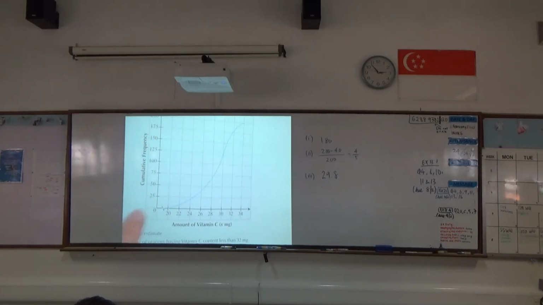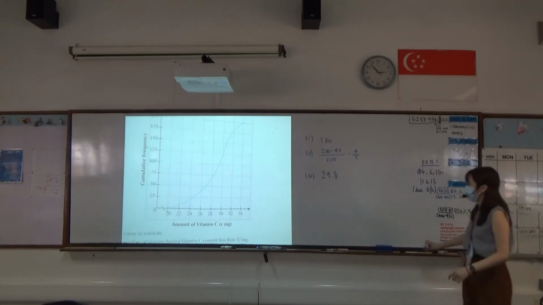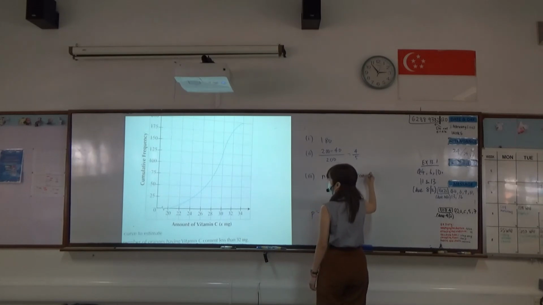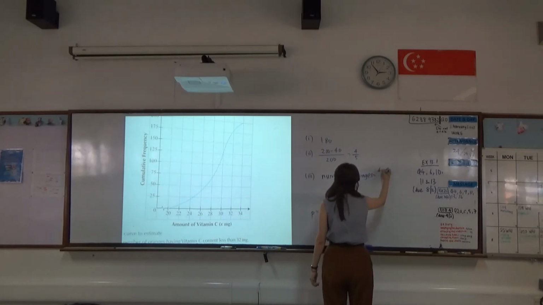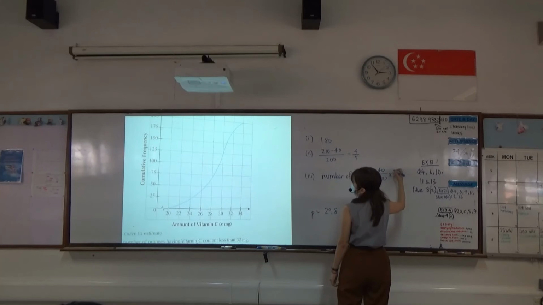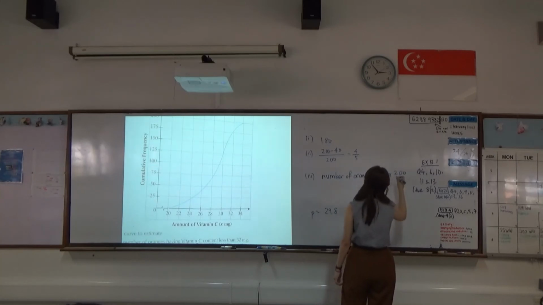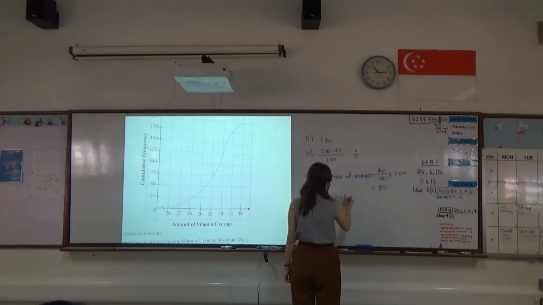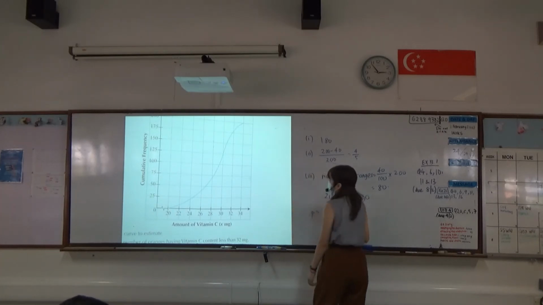So 40% would actually be how many? This is P, right? So 40% of 200 would give us 80. So we want 200 minus 80, which is 120.